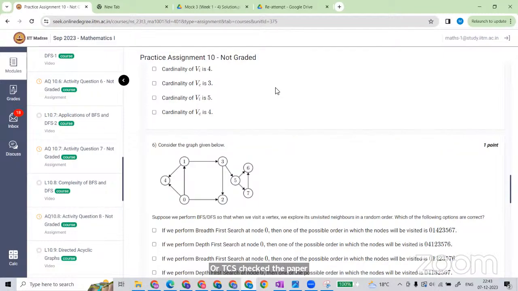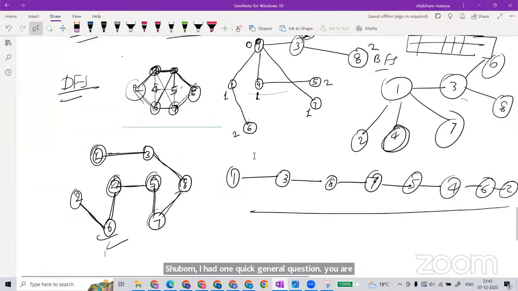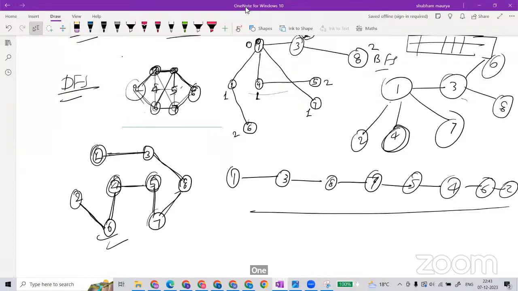Shubham, I had one general question. You are writing on this notepad, right? What device are you using? This is OneNote. Are you working on a Samsung pad? No, this is a Lenovo Legion laptop, not a pad.